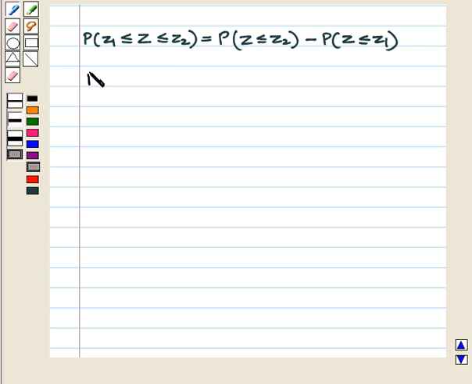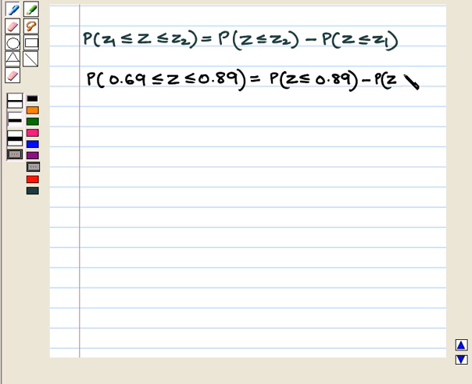So, probability of 0.69 less than equal to z less than equal to 0.89 is equal to probability of z less than equal to 0.89 minus probability of z less than equal to 0.69.